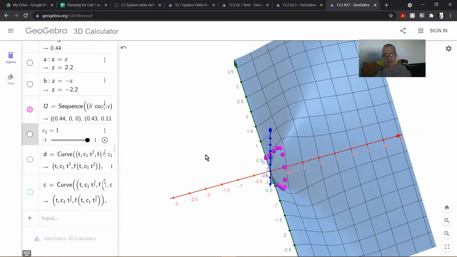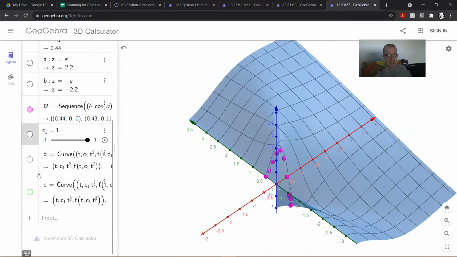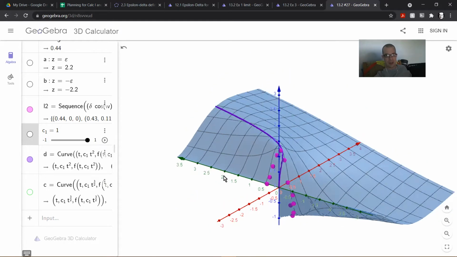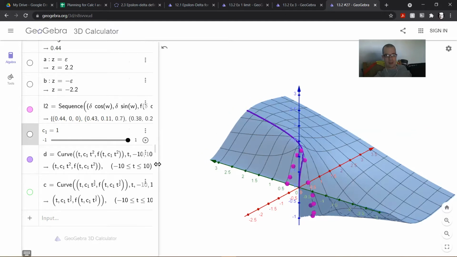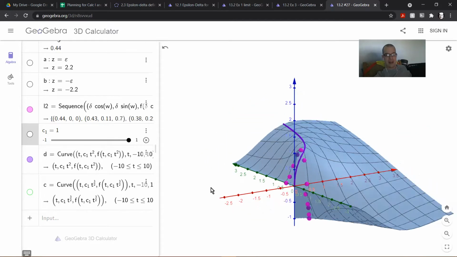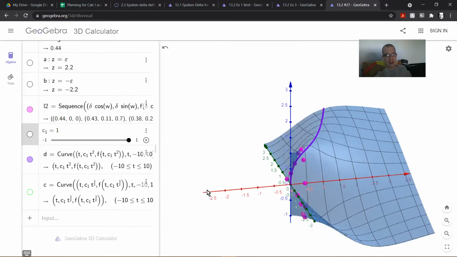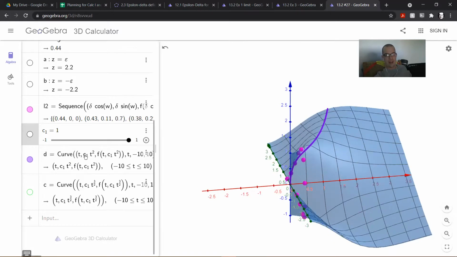Yeah, and I guess you might be curious how I'm making these. What I'm doing is I'm making space curves like we've done in the past, parametrically defined, where the x value is equal to t. The y value here is c1 times t squared. So we've got that parabola thing going on.